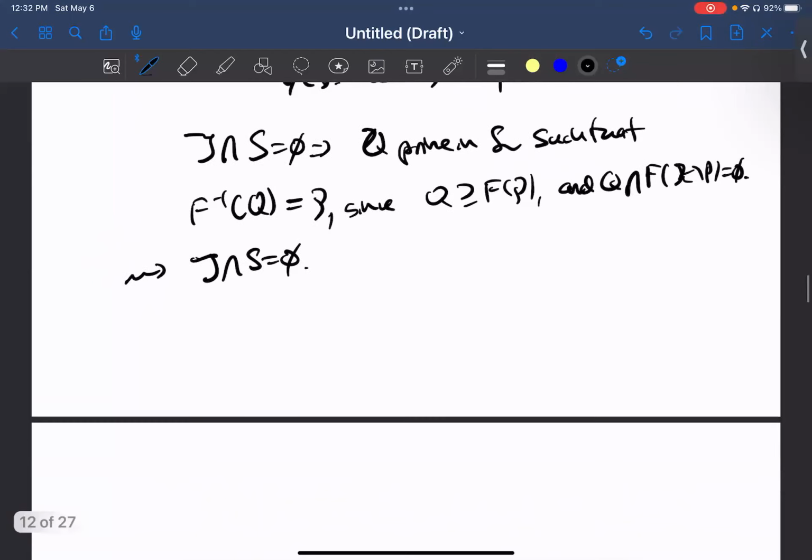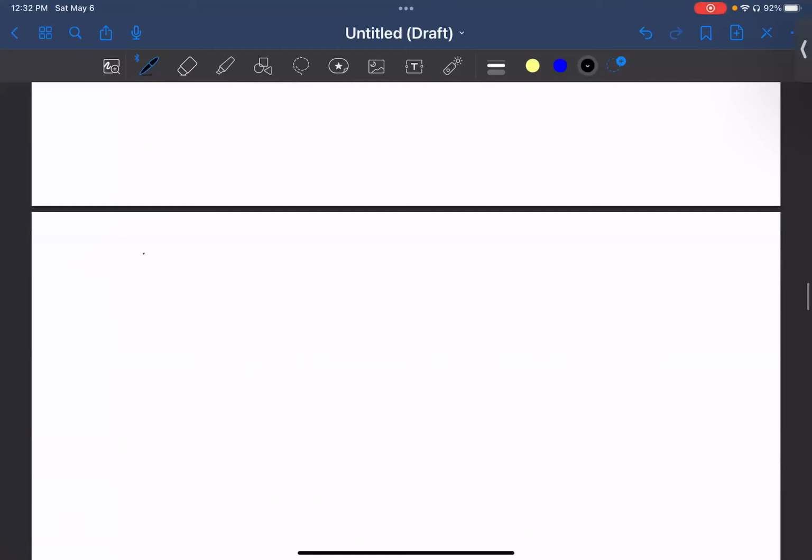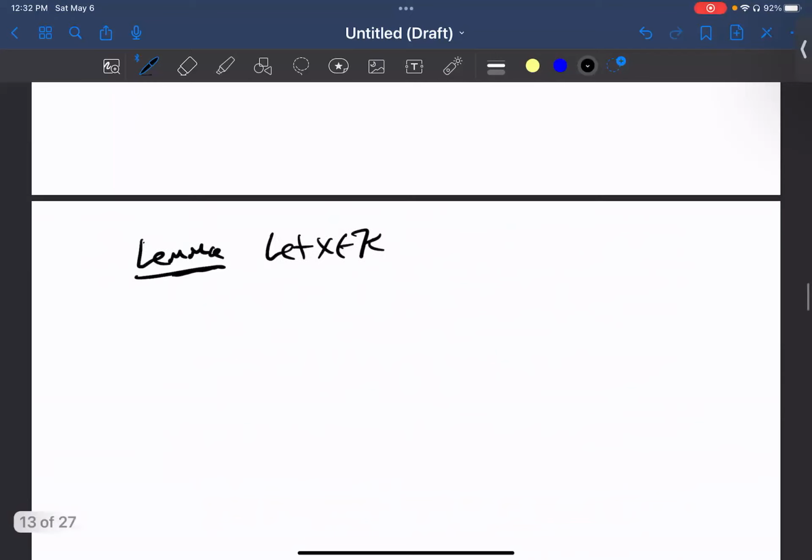In order to prove this, we're going to use one more lemma. So this is going to be an explicit way of describing the TT ideal generated by some element X. So let X be an element of K. You can actually do this under much weaker assumptions where you only need to assume that X is dualizable. You don't have to assume that K is fully rigid for this lemma to hold.